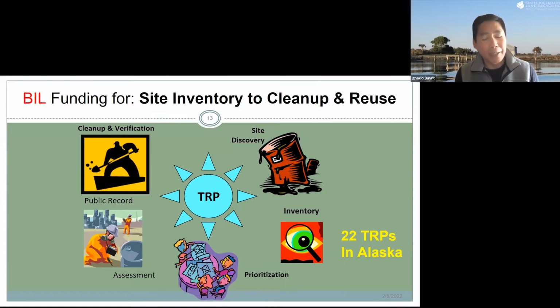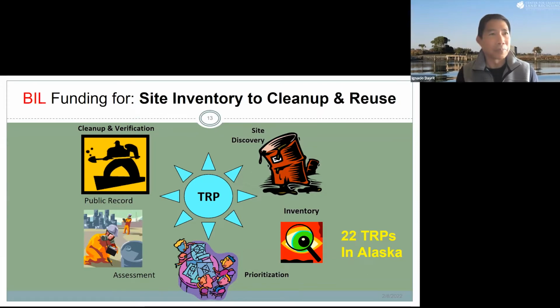And the other potential resource is the 128 program, which Joy alluded to. Again, you can help inventory. There are 22 TRPs in Alaska, and more than a dozen more in the other Region 10 states.